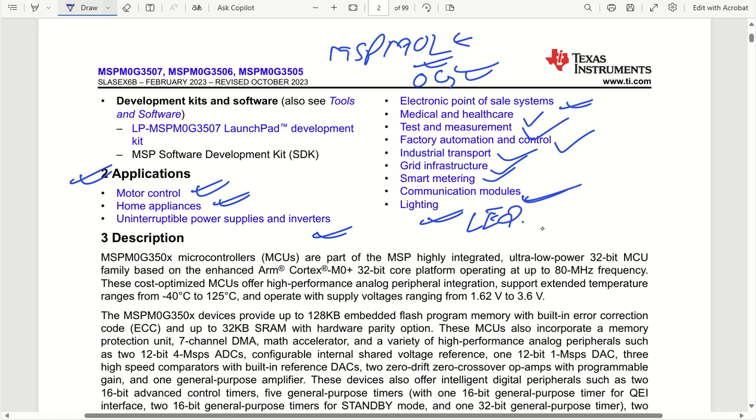The most important part is that the MSPM0G series has an automotive version as well, so it can be utilized in automotive applications.